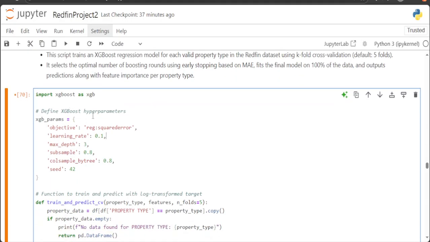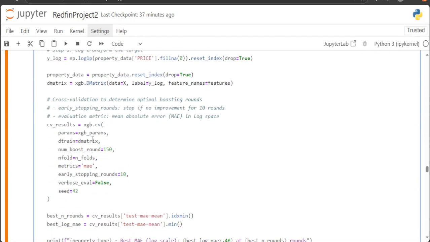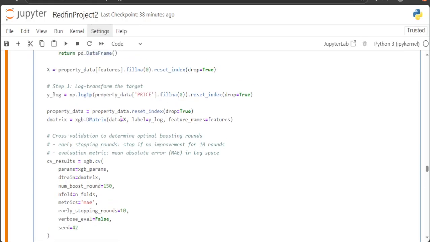You can see here we have our XGBoost hyperparameters for the regression model, and that goes into the cross-validation parameters, the XGB parameters. The DMatrix, the optimized data structure for XGBoost, goes in here: xgb.DMatrix, where the data is the X or features, the label is the Y target variable, and the feature names are the columns our model uses to determine the sold price.